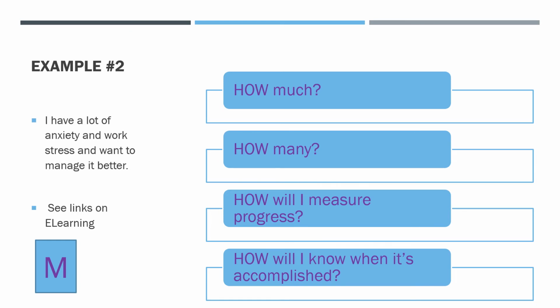Well, I'm going to practice this grounding technique. I'm going to do it at least 3 times a week when I'm feeling anxious. I'm going to do one single grounding technique, and I'm going to measure my progress by journaling it and using an anxiety scale to measure, has my anxiety changed?